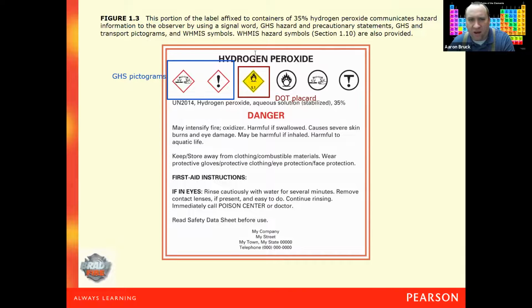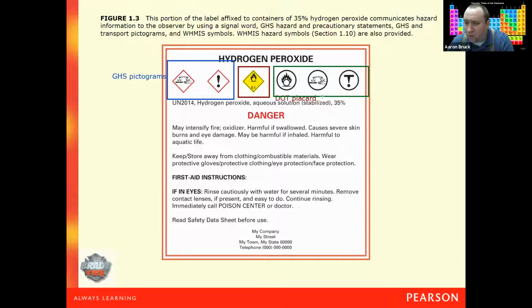And then these last ones over here that I'm going to mark out in green, these are WHMIS symbols. Now, we're not going to spend a whole lot of time talking about WHMIS. Primary reason for them is they are not regulated or required in this country.